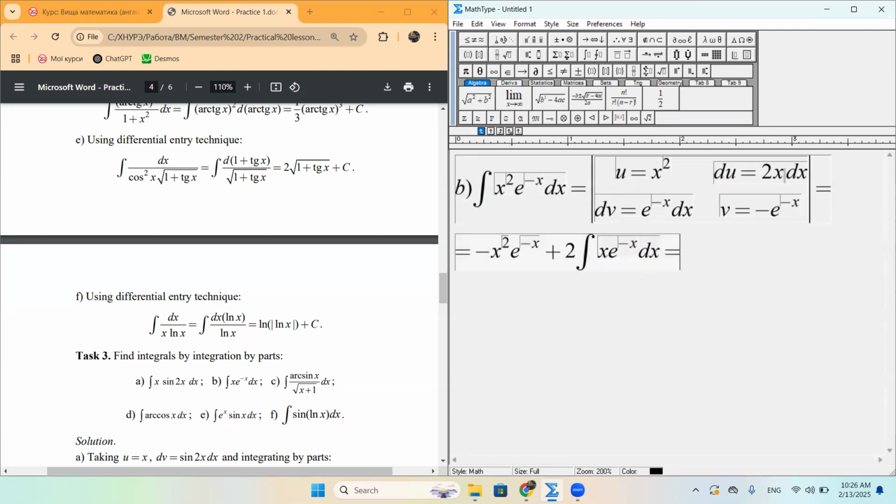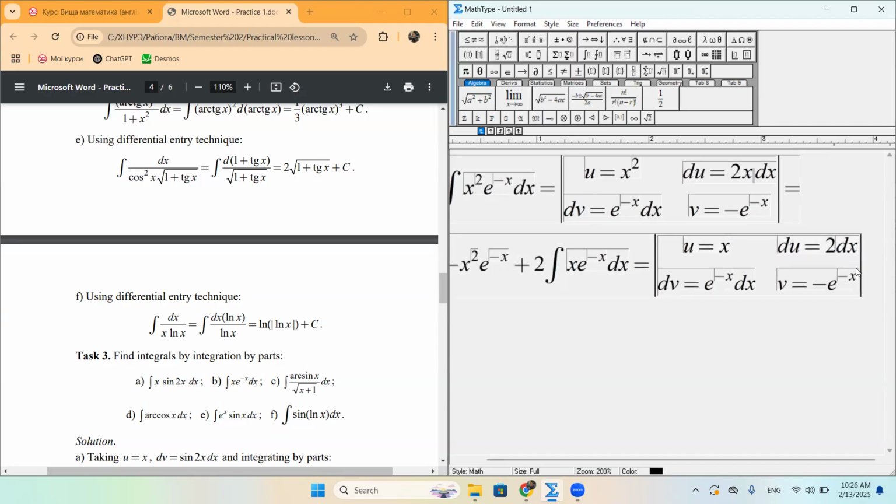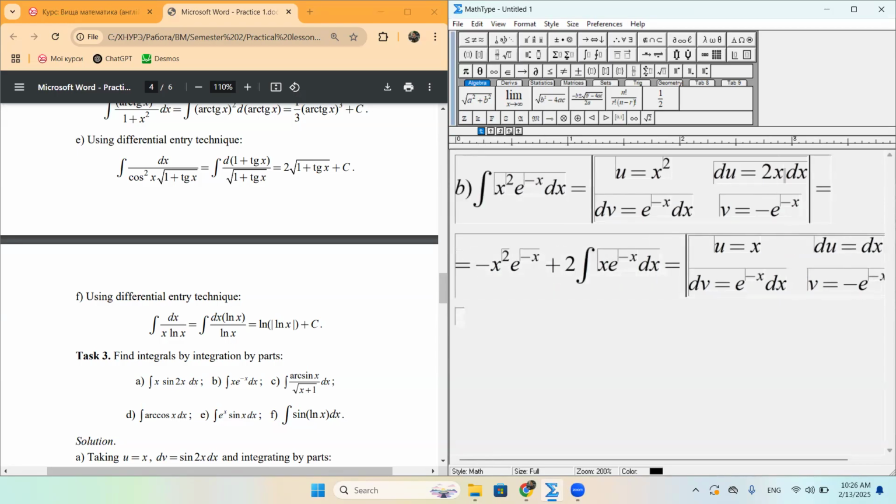And again, we need to apply integration by parts. Now we have u equals x, so du equals dx. For dv, nothing changes because it is the exponent.